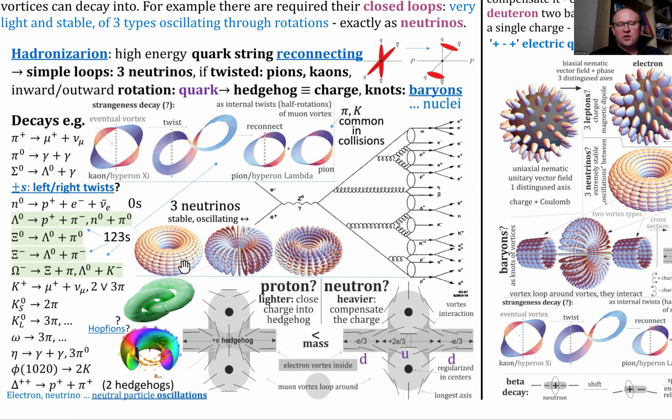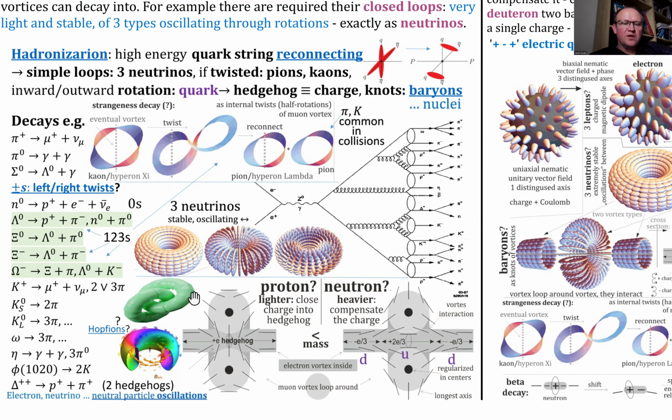And so they can evolve through each other and oscillate between them by just field rotations. So they seem very similar to the neutrinos. So I think this is a natural candidate for a neutrino. If there is some additional twist, like a Mobius string, there is a suggestion that it might be strangeness.